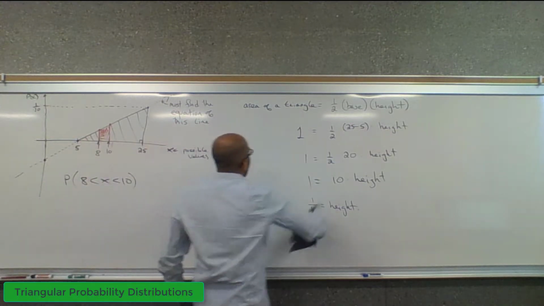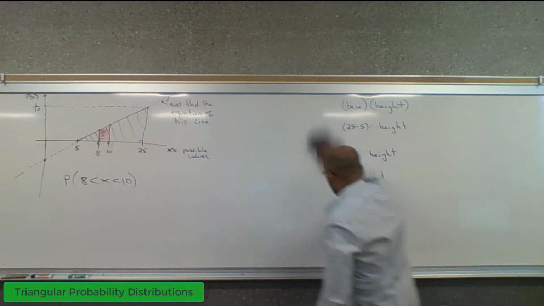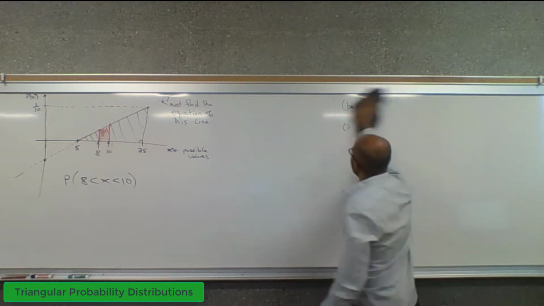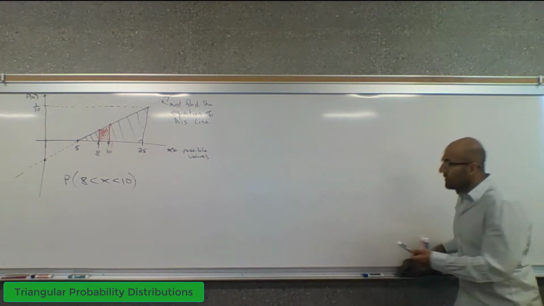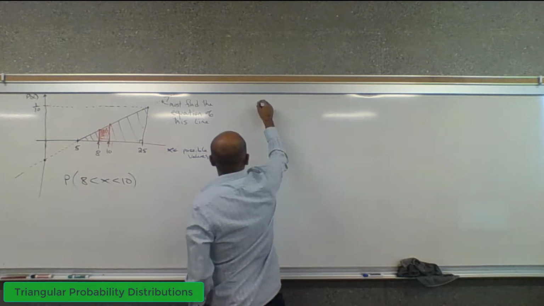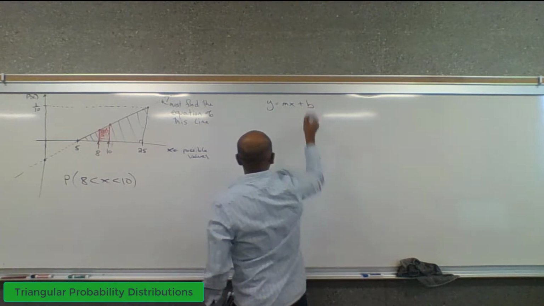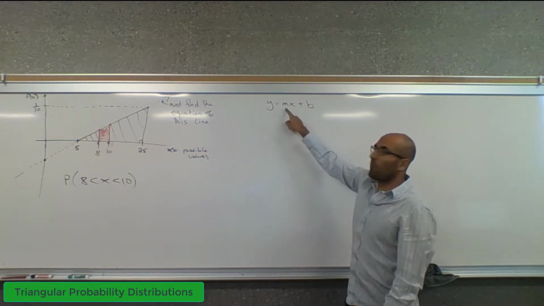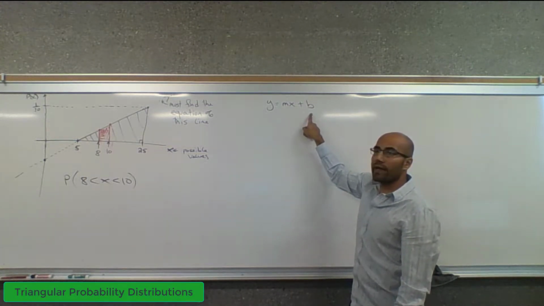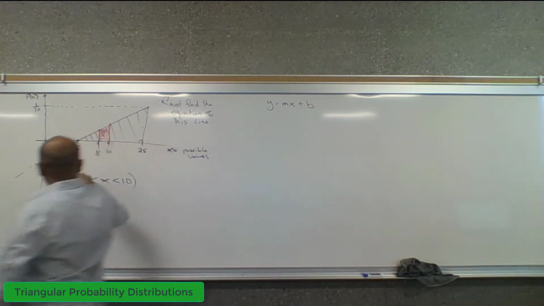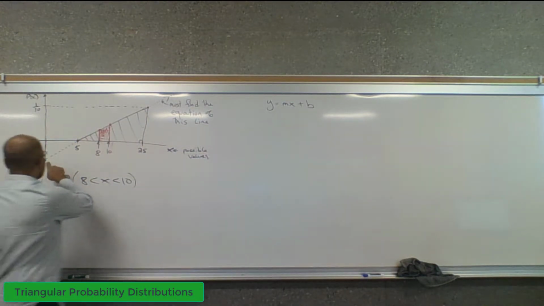To find the equation of any line, we use the equation y equals mx plus b. So we have to find the slope of the line, and then the y-intercept, which is right over here.